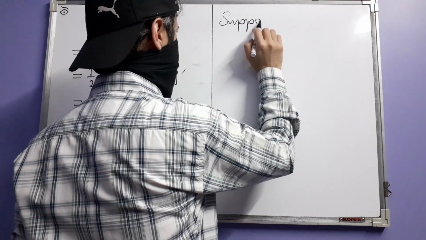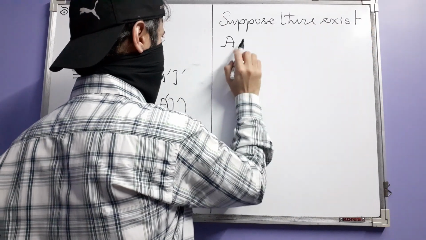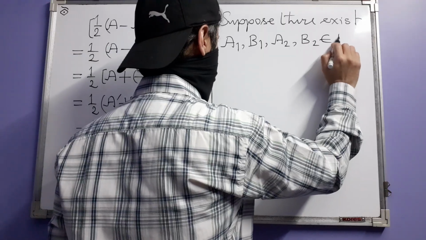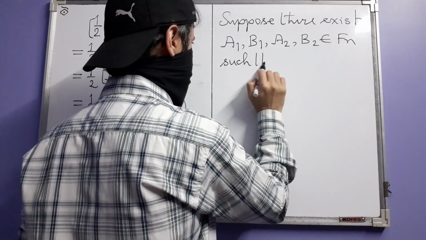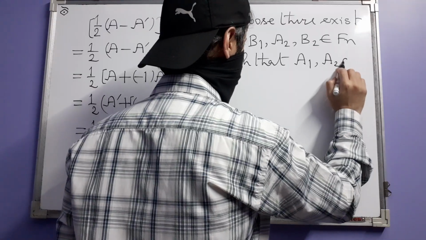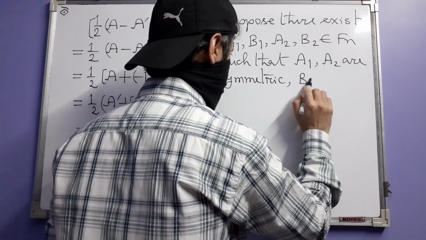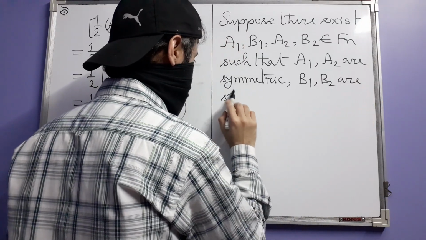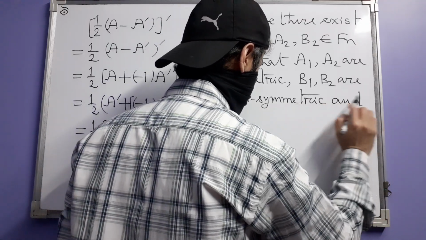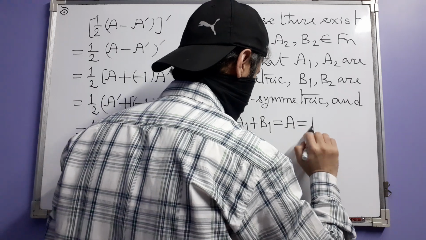Suppose there exist matrices A1, B1, A2, B2 in Fn such that A1 and A2 are symmetric, B1 and B2 are skew symmetric, and A1 plus B1 is A and A2 plus B2 is also A.